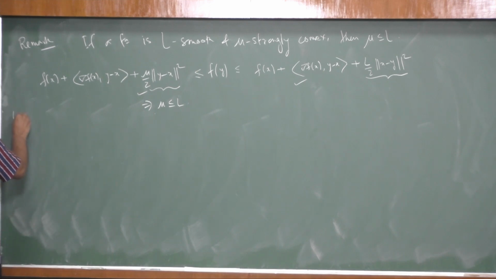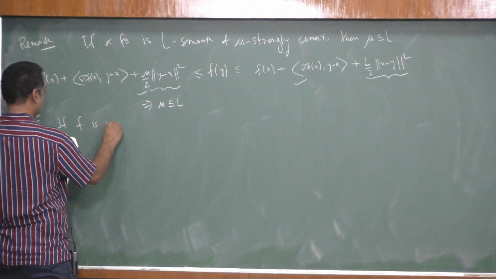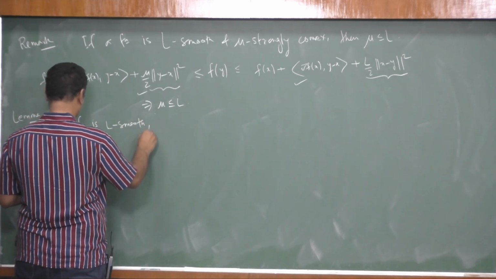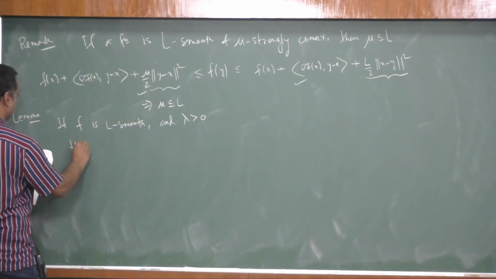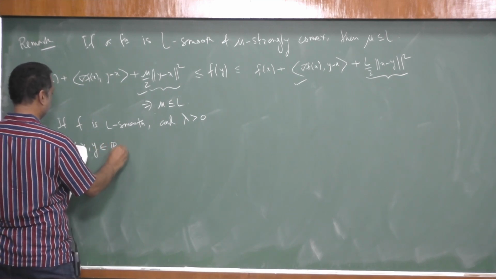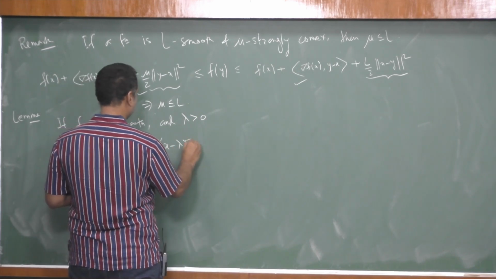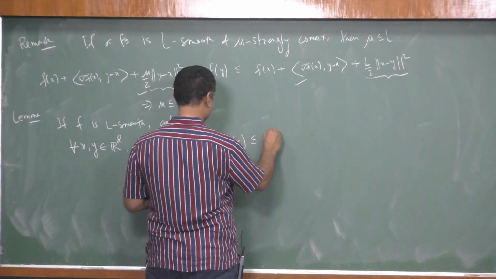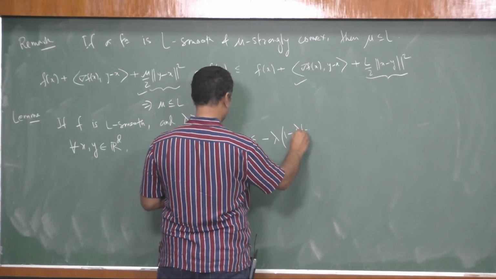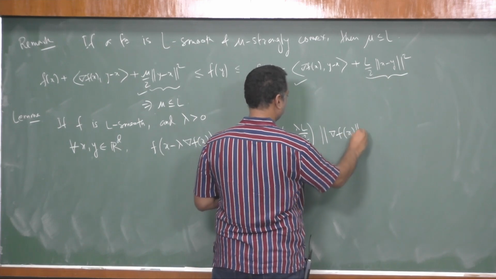So from there it's easy to see that mu must be less than or equal to L. And another lemma, I don't remember if I proved this. So if f is L smooth and lambda greater than 0, then for all x, y in d-dimensional space, f(x minus lambda grad f(x)) minus f(x) is less than or equal to minus lambda times (1 minus lambda L by 2) times norm of grad f(x) squared.